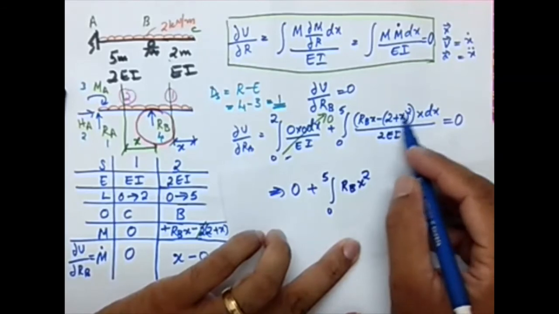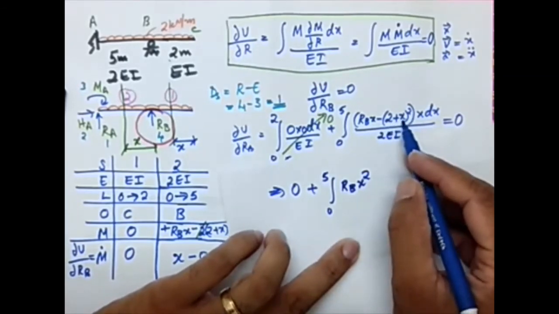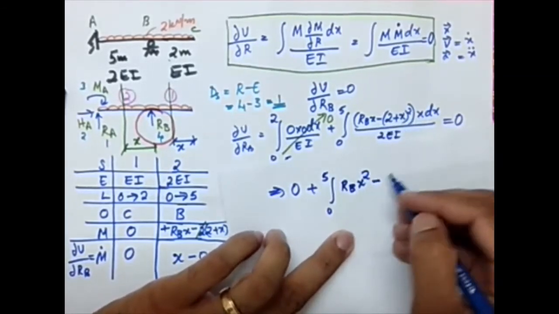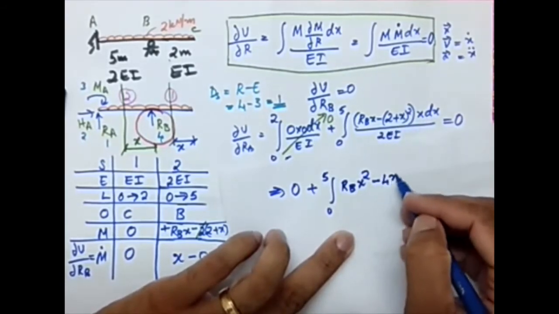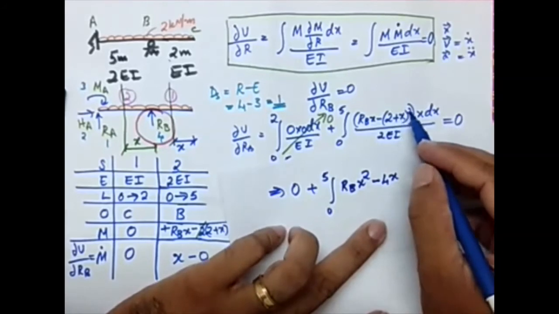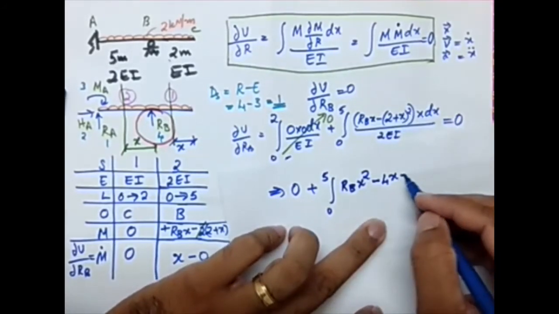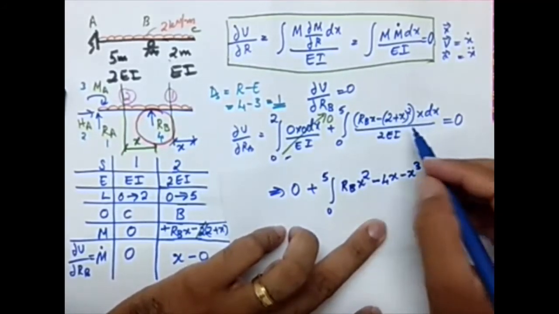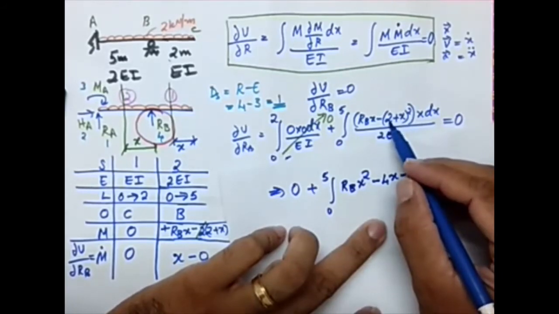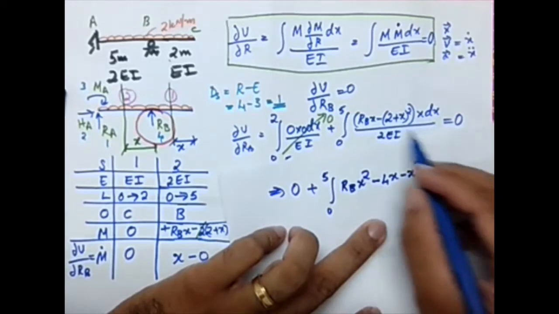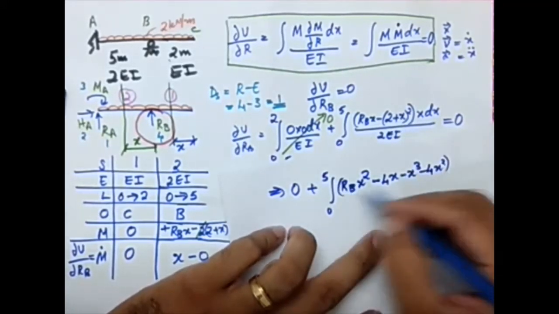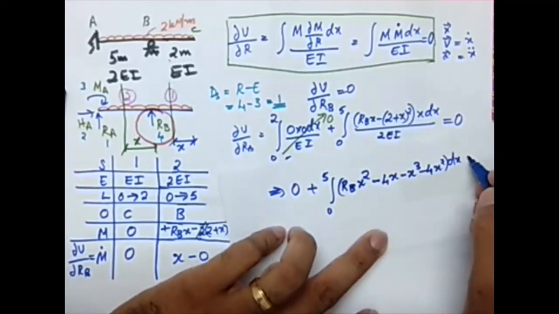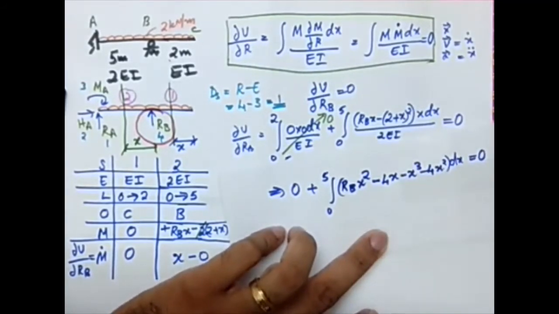Then when I expand this, this is (a plus b) whole square, that is a square plus b square plus 2ab. So minus, a square, that is 4x. Now here b square, that is x square into x, minus x cube. And 2ab, which means 2 into 2x, that is 4x into x, minus 4x square, dx can be equated to 0.